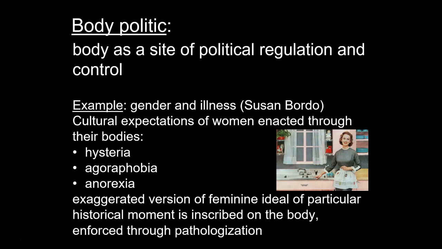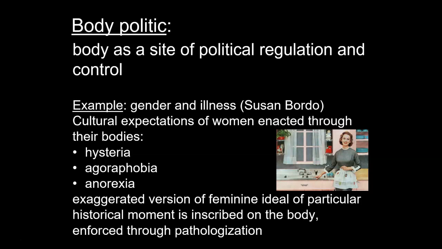One thing that Bordo wrote about gender and illness that's relevant to this idea of the body politic is a piece where she traces out 3 illnesses as they are grounded in history. And what she argues is that each of these 3 illnesses, which primarily afflicted women, are reflections of exaggerated versions of expectations of femininity in that particular historical era.